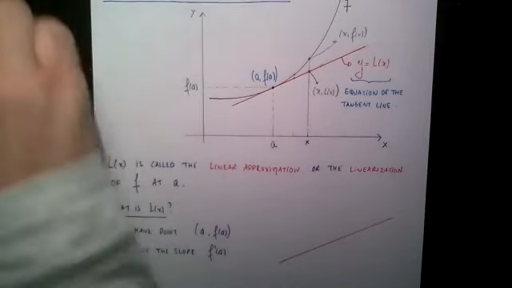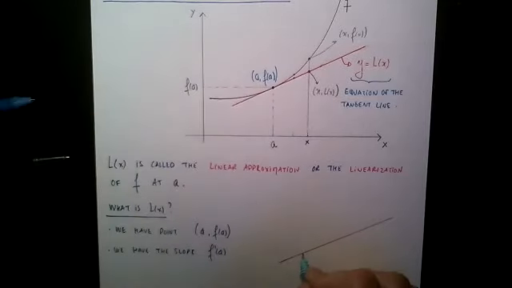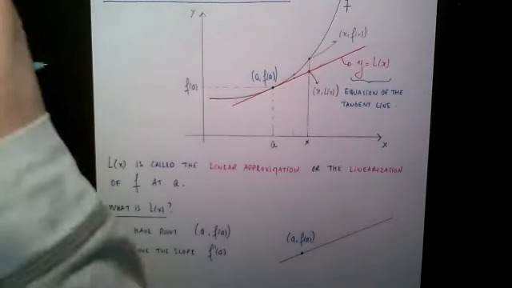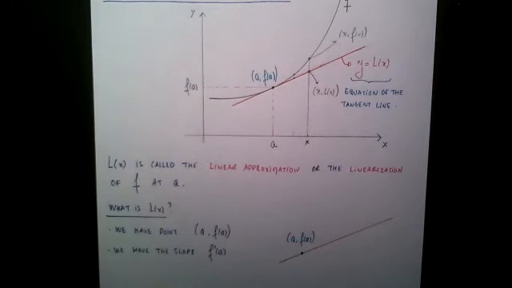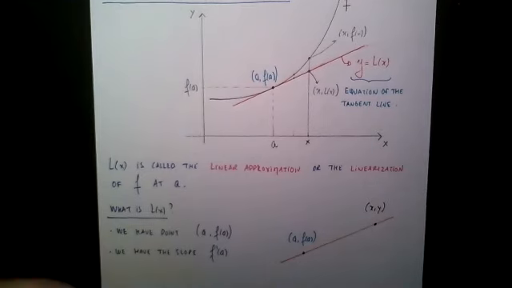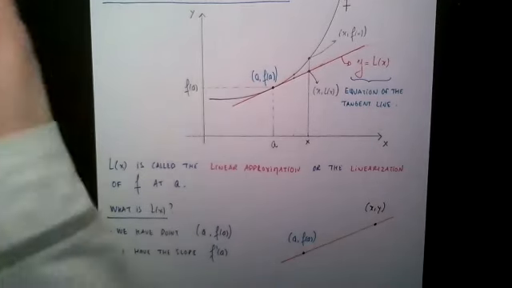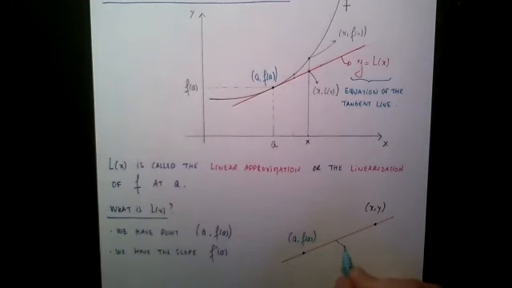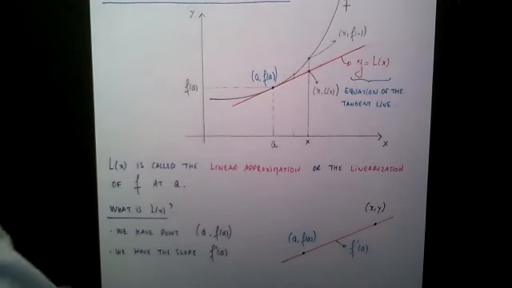I have a point here, which is a, f of a. Let's say I have a random point on the line, x, y, and I have the slope, which we know is f prime of a. So I have everything I need to find the equation of the line.